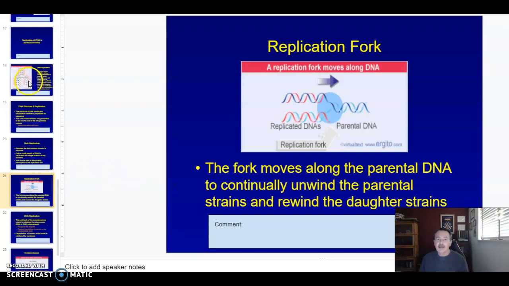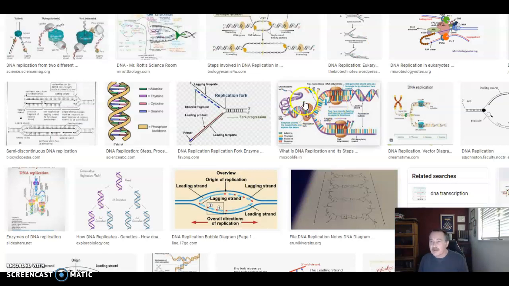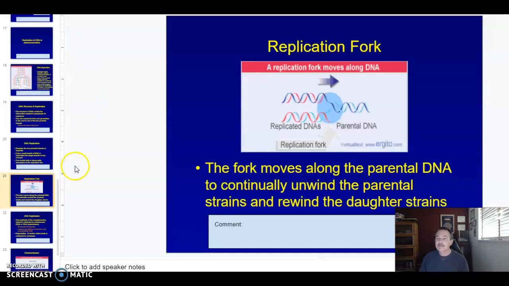So again, if I showed you back at this one, you can see right here, these enzymes are unwinding. These are building and rewinding. So it's being rewound over here. So it unwinds, builds, rewinds. And it does that all at what's called the replication fork.